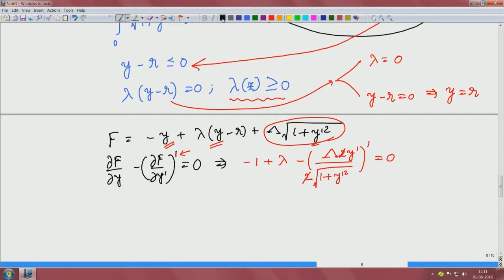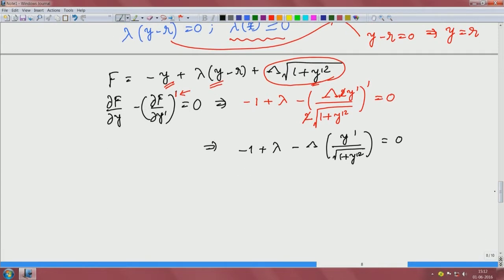In other words, what we are getting here is minus 1 plus lambda minus lambda times y prime by square root of 1 plus y prime square, all differentiated, equal to 0. Okay. Let us expand. This is a necessary condition.